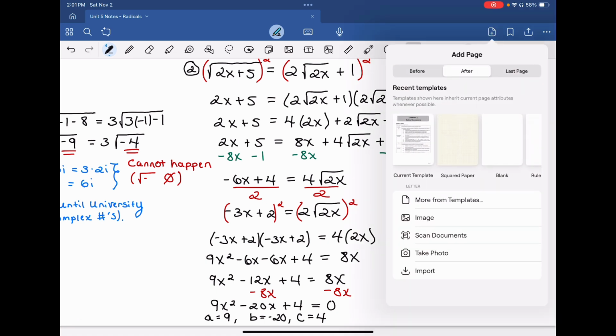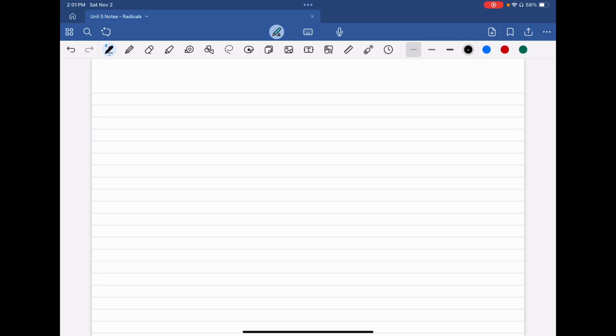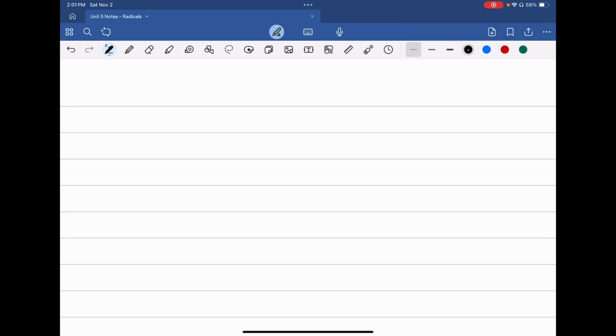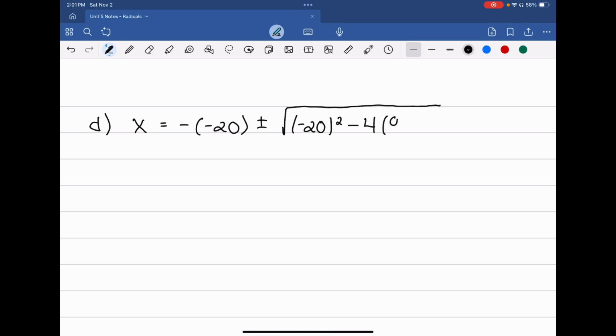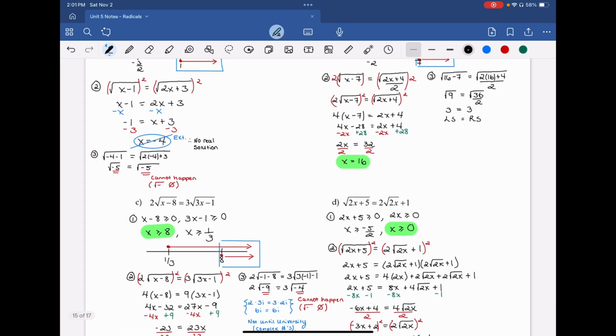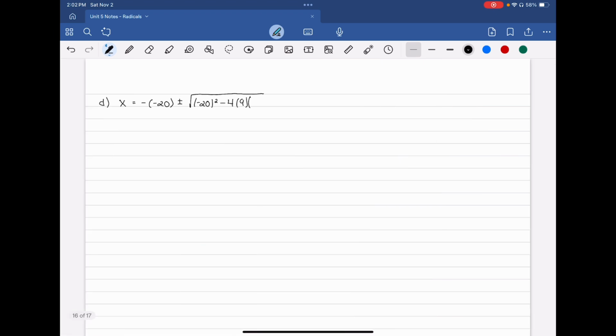So I'm going to open up a new page, and I'll make sure it is blank. Let's use this one here. Okay, in our quadratic formula, we're going to go for part D that we were just working on. X is equal to negative b, in this case negative 20, plus or minus the square root of negative 20 squared, minus 4 times a, which was 9, times c, which was, let's just double check the value, I want to make sure I get it right, c, which was 4.